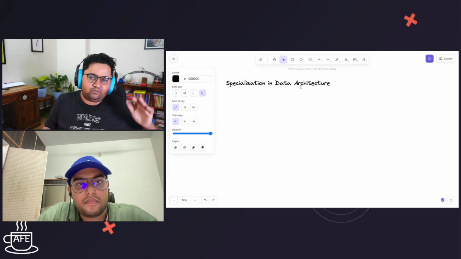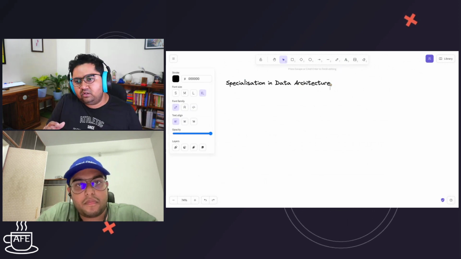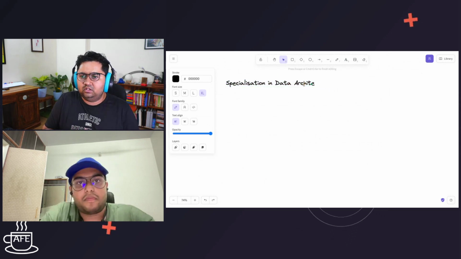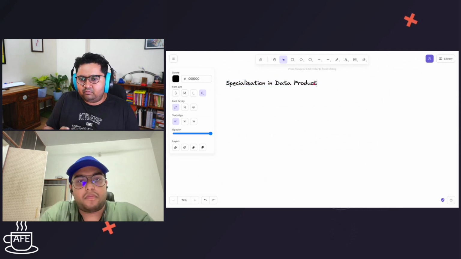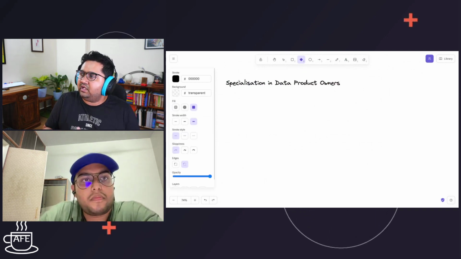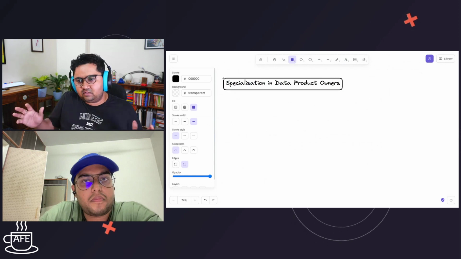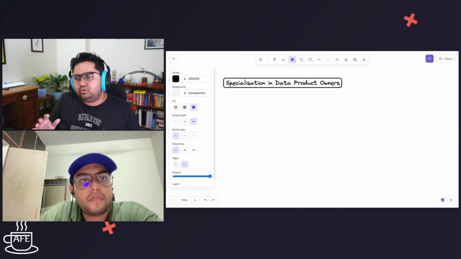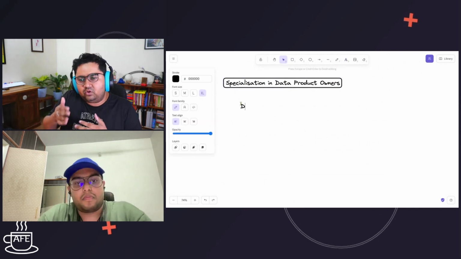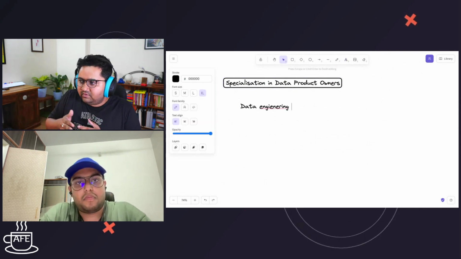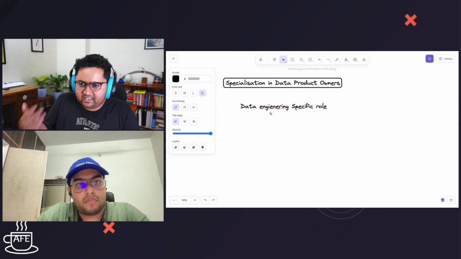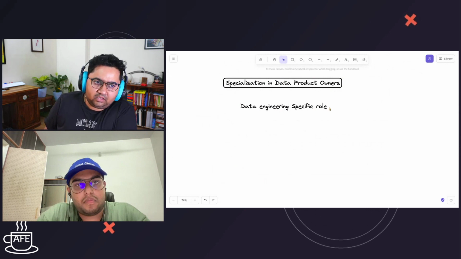There are finance product owners, so there'll be data product owners who will focus on the visualization of the data. So there'll be roles which are very deep, carved out of existing larger, broader roles into data engineering specific roles. Data engineering is already a specialization, but within data engineering you could have more specialized data engineers in a variety of different roles. That's one part.